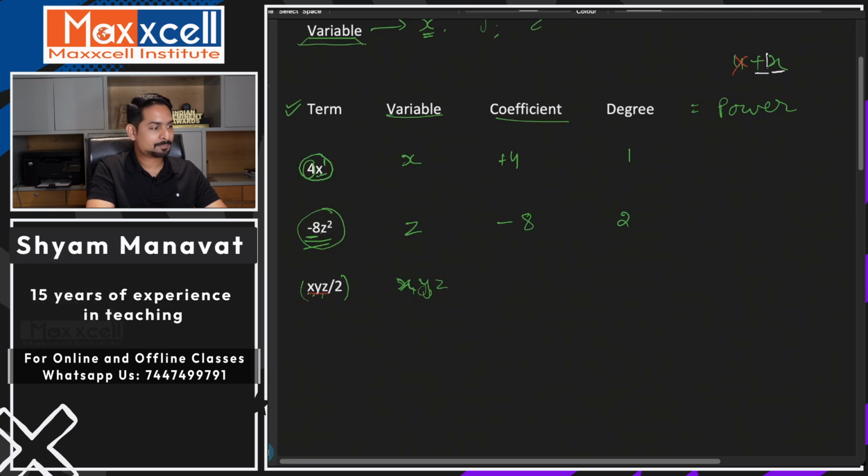This is x, y, z, so x into y into z. When you write variables, you don't have to put the multiplication sign in between. It's understood. The number which is in multiplication of the variable is what? 1. That is understood, right?